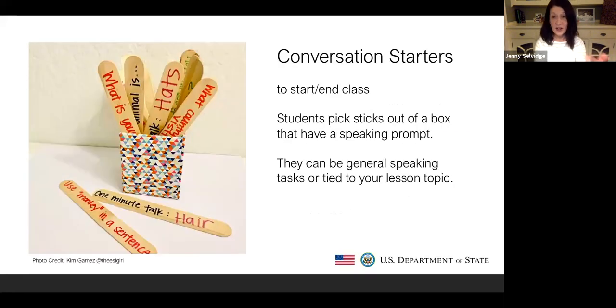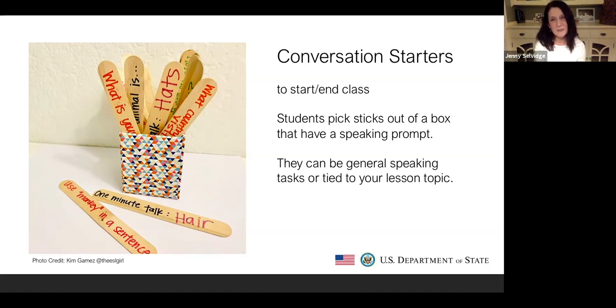Okay, so Kim had this other idea. I've seen it used many times. She has this great picture, conversation starters. So to start or end a class, if you have 2 or 3 minutes, students could pick a stick or a paper out of a box, and it has a prompt. It can be general speaking or tied to whatever topic, like the weather, if you're talking about the weather, but it should be fun.